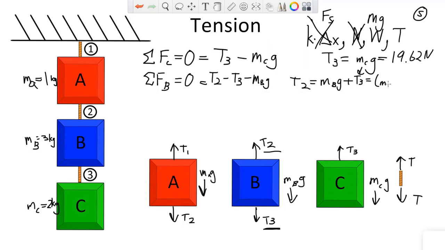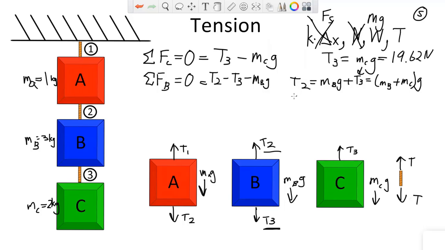So in the end, we just get MB plus MC times G, which is just the total mass of B and C, which kind of makes sense. As you go up, you should be getting more masses, and you'll see MA plus MB plus MC times G is going to be T1 in the end.